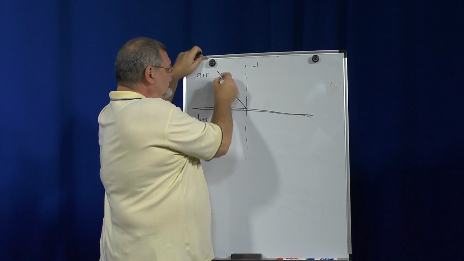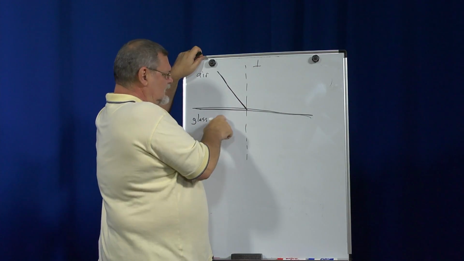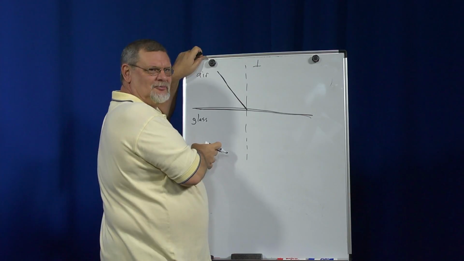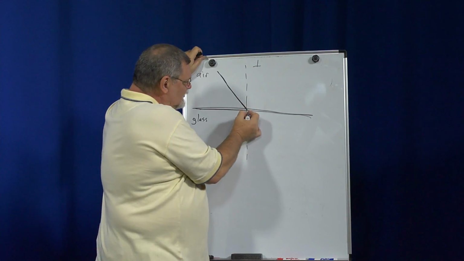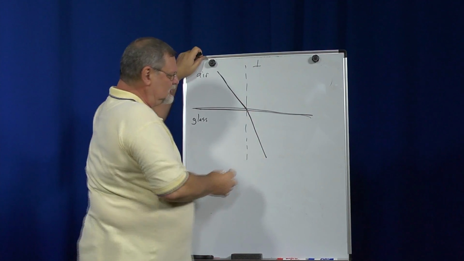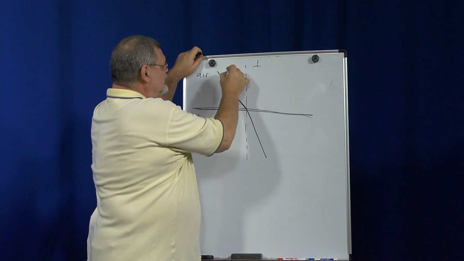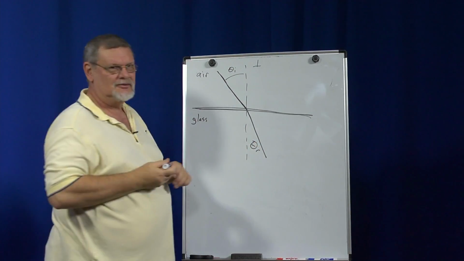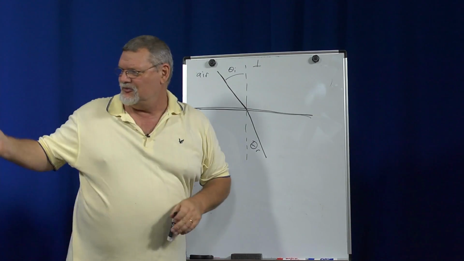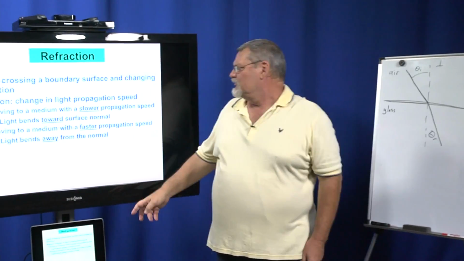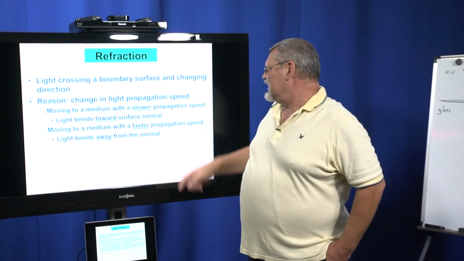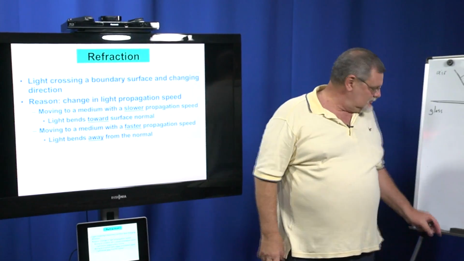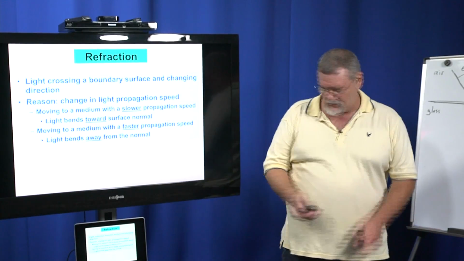When light comes in and enters the glass and it goes into a medium where the speed of light is lower, it will bend towards the surface normal, so that this angle here is greater than the refraction angle here. That's what happens in refraction. When it moves to a medium with a slower propagation speed, the light bends towards the surface normal. In the opposite direction, it would bend away from the surface normal.